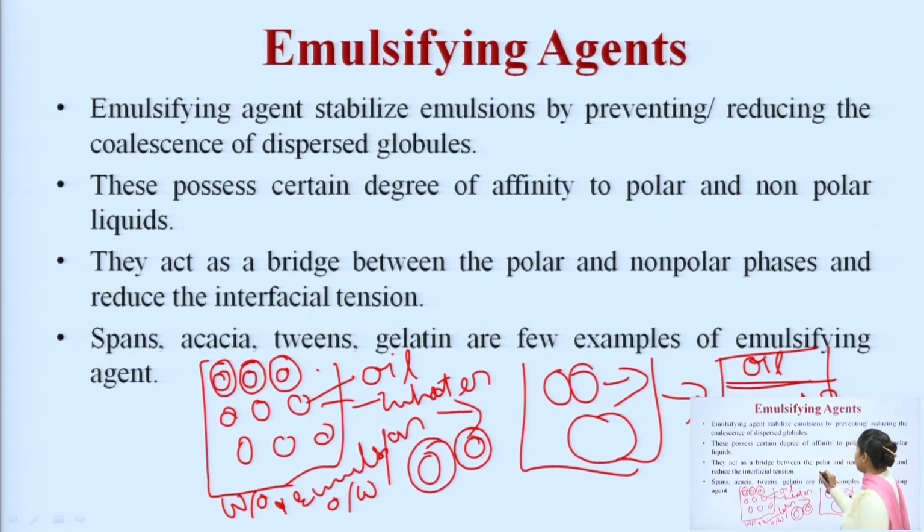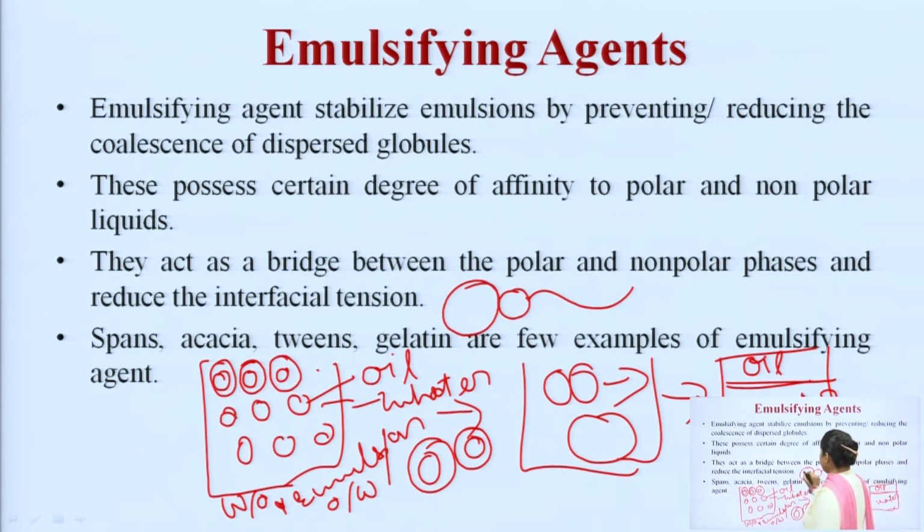They have a head and tail portion. One part is attached with the oil globule and the other with the water phase, or one part is attached with the globule of the dispersed phase and the other part with the continuous phase.